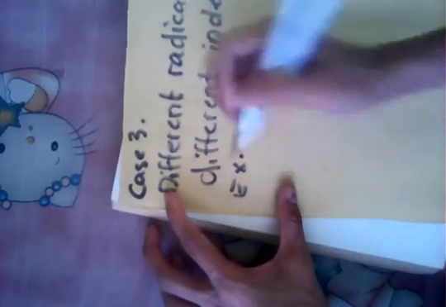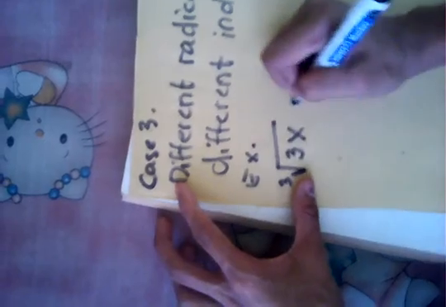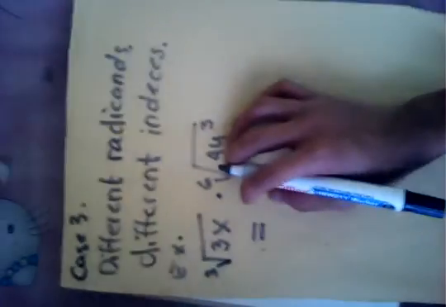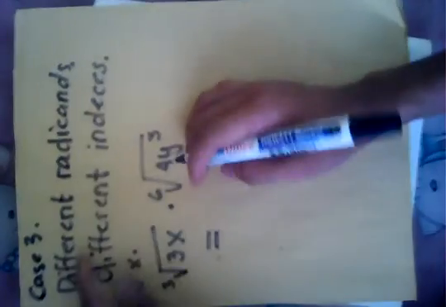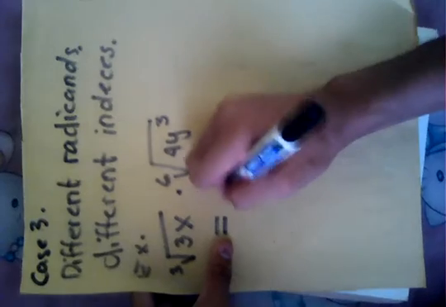Example: the cube root of 3x times the 6th root of 4y cubed. So first step is to make each radical into exponential form.